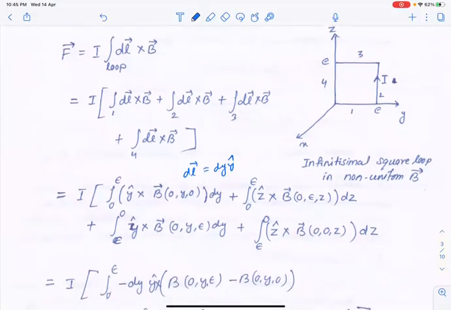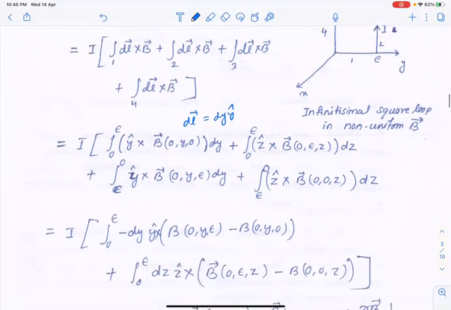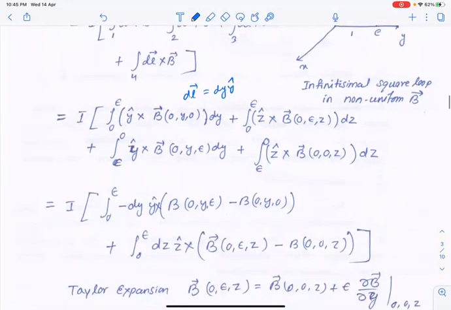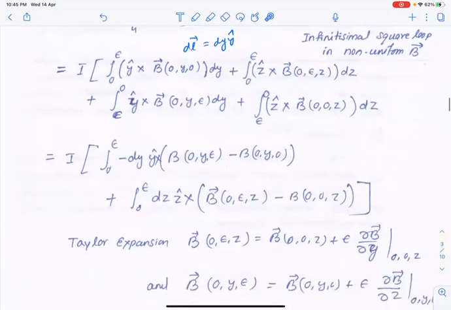Then, since there is a dy here and Y cap dy here, you can rearrange things. What you have here is dy Y cap, and in parentheses B(0, epsilon, 0) minus B(0, 0, 0). Now here we can use a smart trick known as Taylor expansion.